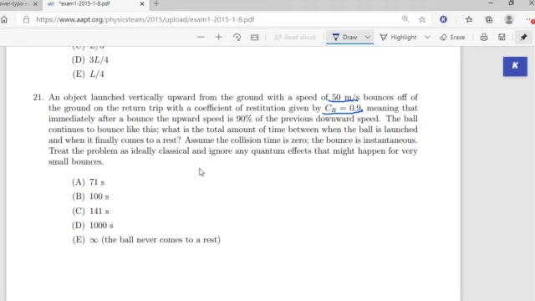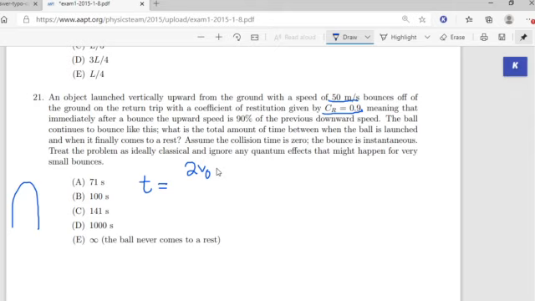And I think we can sort of make this into a series. Well, first of all, let's find how much time it takes for its initial trajectory before its first bounce. And the formula for that is 2 v naught sine theta over g.